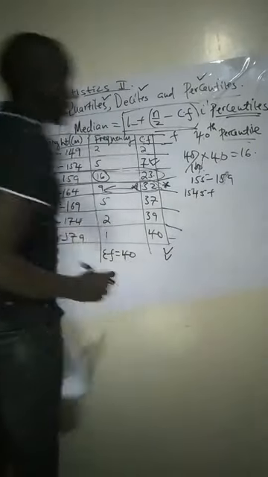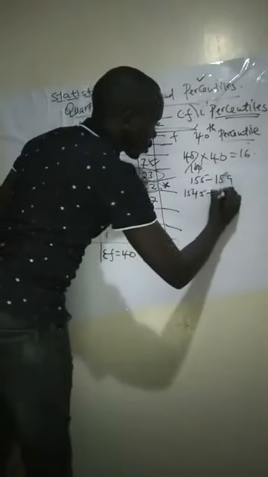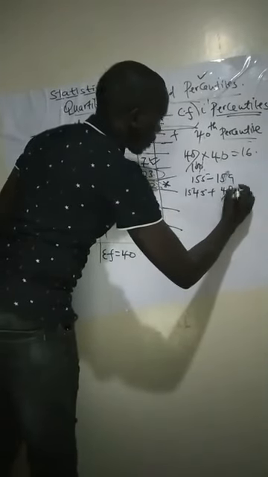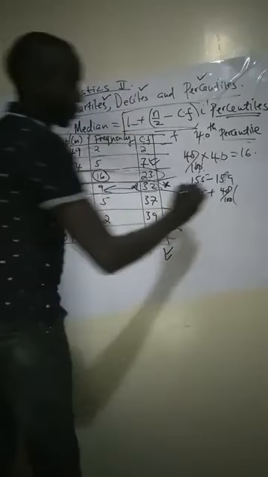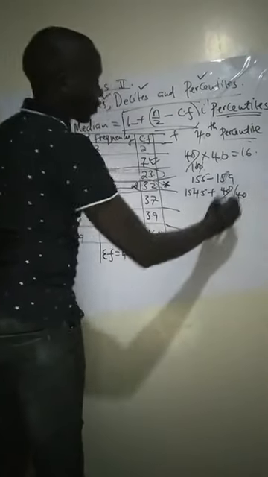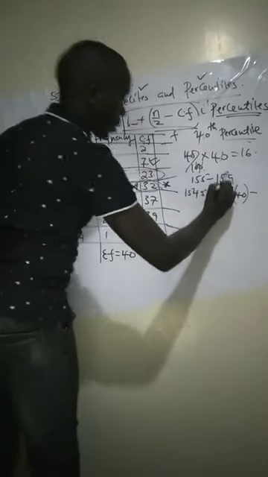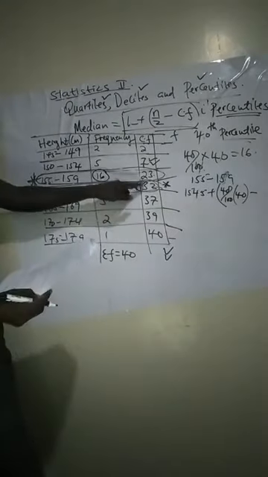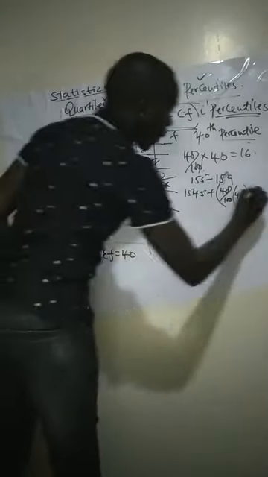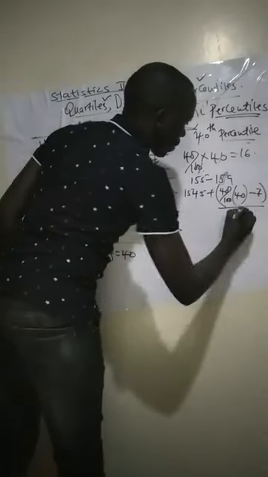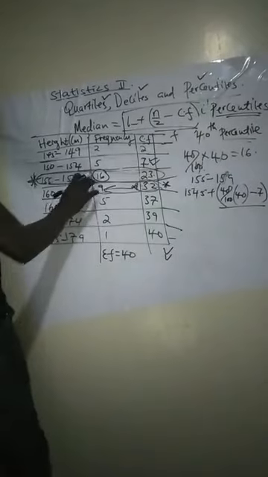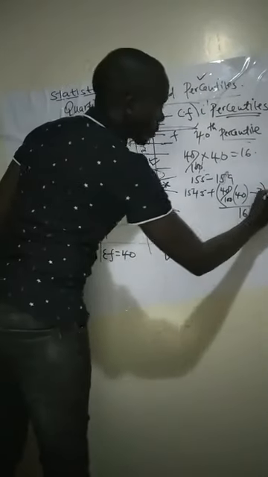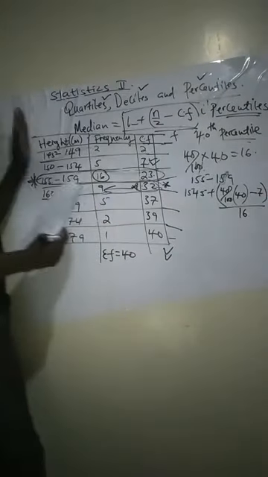So the lower class limit will be 154.5 plus the 40th, so it's 40 over 100 times 40, minus the CF above, which is 7, divided by the frequency of that class, in that case 16, times the interval 5, which is 5 for all of them.